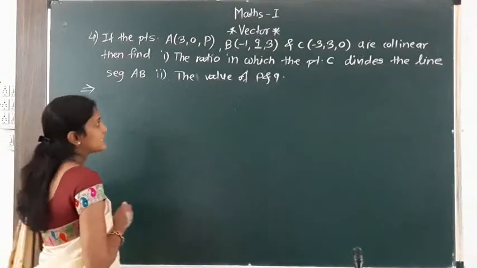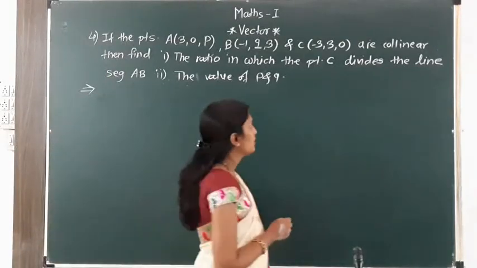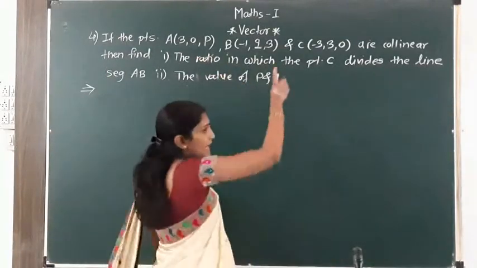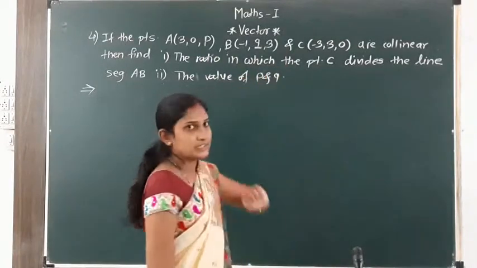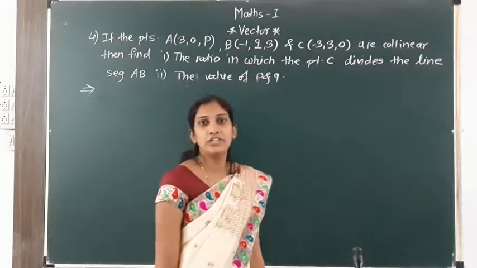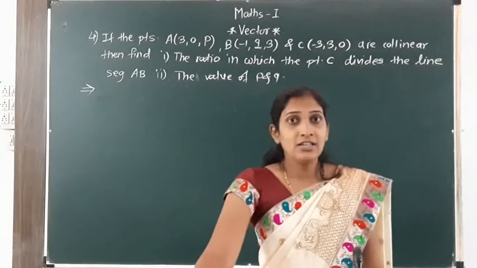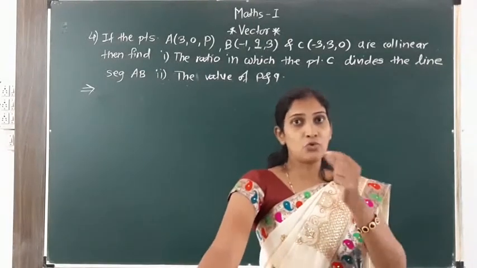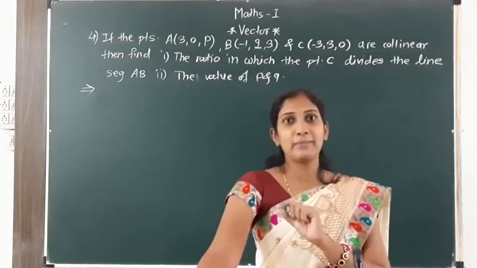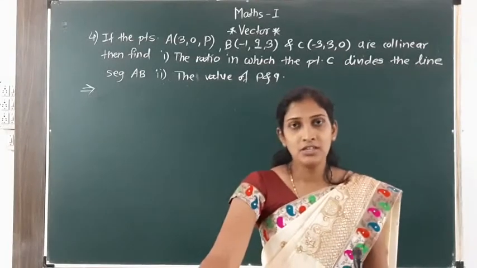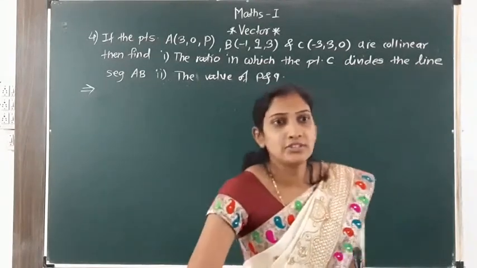Now, how do we solve this example? Firstly, the given condition is that the points are collinear. If the points are collinear, then the coefficients of i cap, j cap, k cap of their vectors are in proportion, as we studied in the notes.